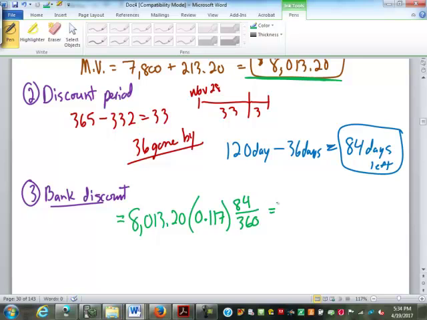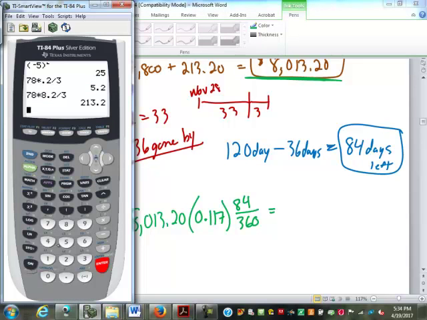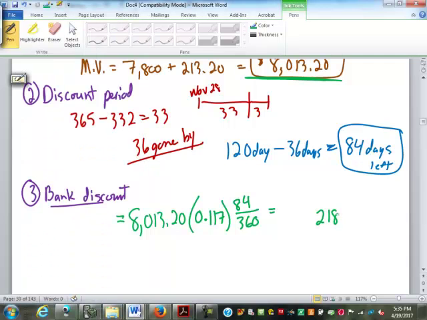Even though we use 365 to count the days, we still use 360 for finding the interest. Which gives us $218.76.